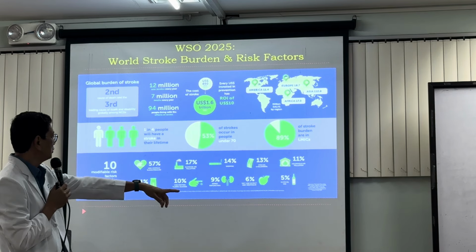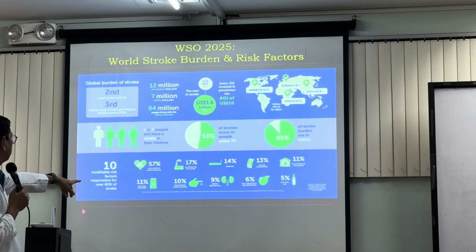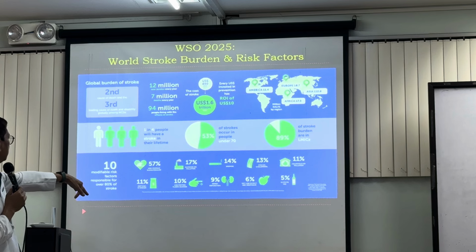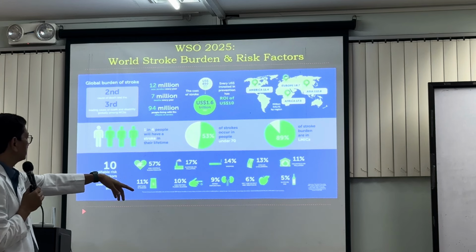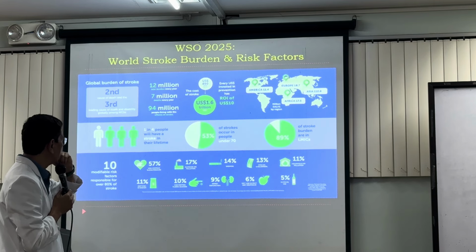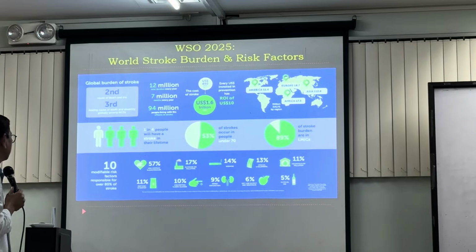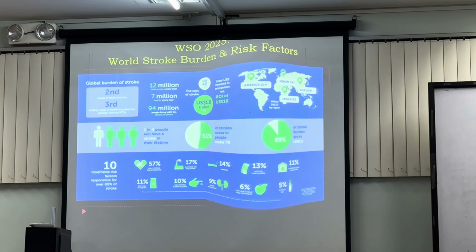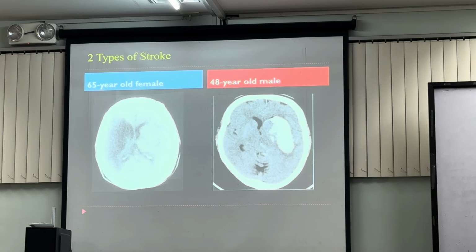Then there's another pollution, indoor, and then kidney disease, alcohol. So we'll discuss those risk factors, meaning risk factors that we can do something about. Okay. So the two types of stroke, we've seen this.